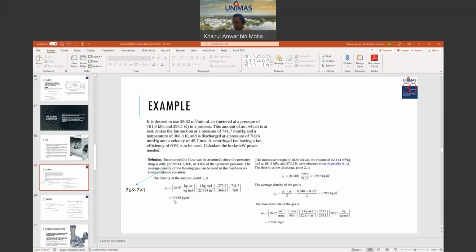So you get 0.94 kilogram per meter cube.